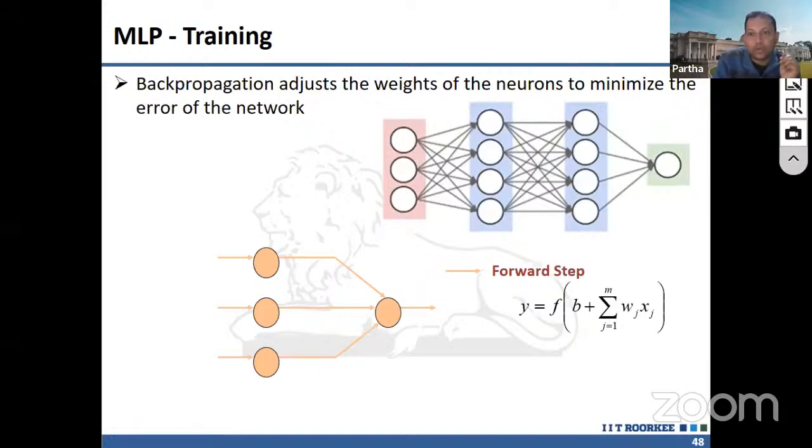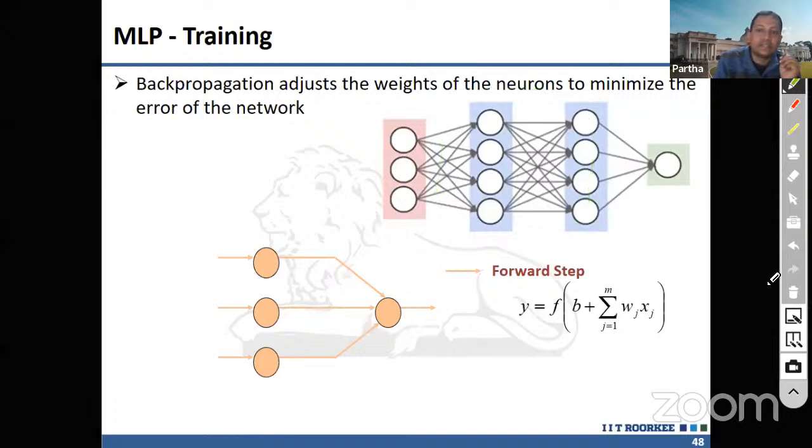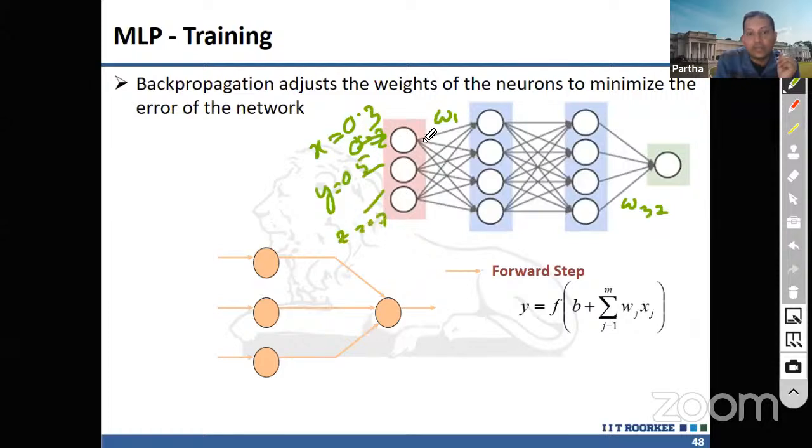In the forward step, we set some simple weights like we did last time, W1 to W32, or something random. Initially we set all these values with random numbers, and then take the features, for example x equal to 0.3, y as 0.5, and z as 0.7. Then we multiply, and we have activation functions.